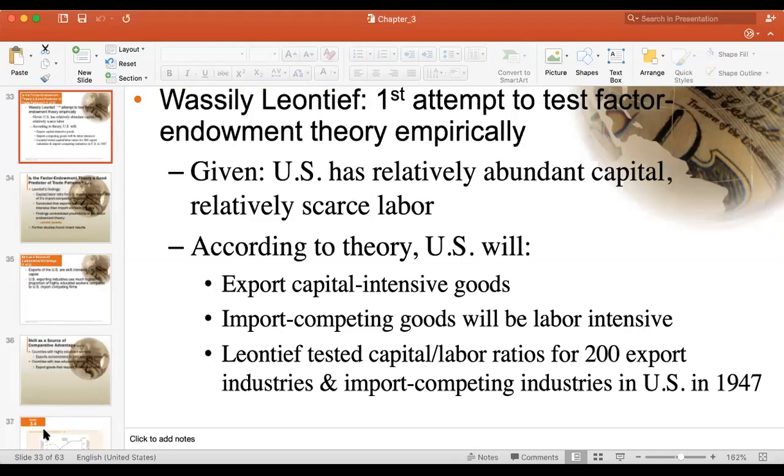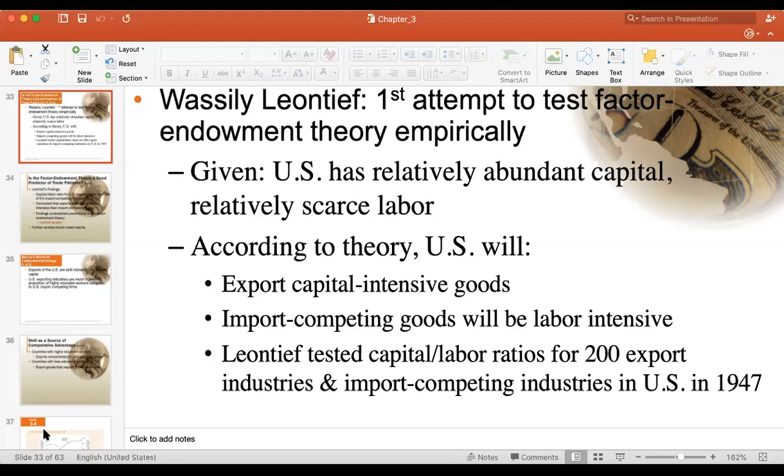The HO assumption here that the US has relatively abundant capital and the US is relatively scarce in labor. Now, according to the HO theory, the US should be exporting capital intensive goods and importing labor intensive goods. So Leontief went out to find out if these propositions were correct. And what he did was he tested capital labor ratios for 200 export industries and import competing industries in the US in 1947. This is exactly what he did.